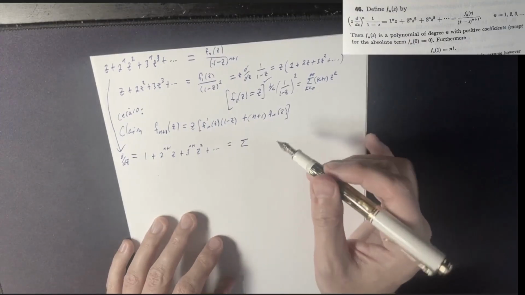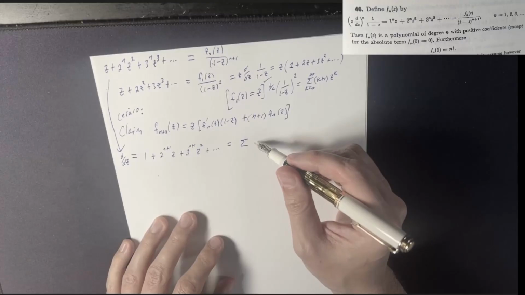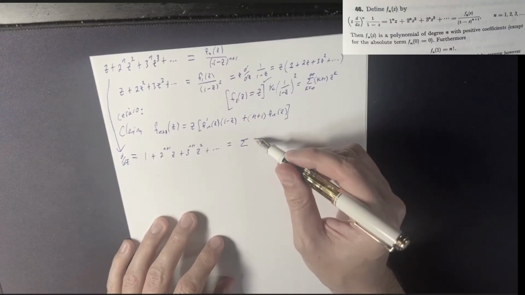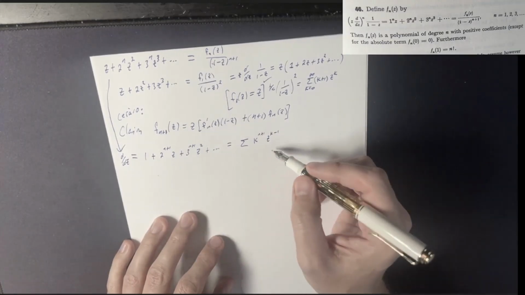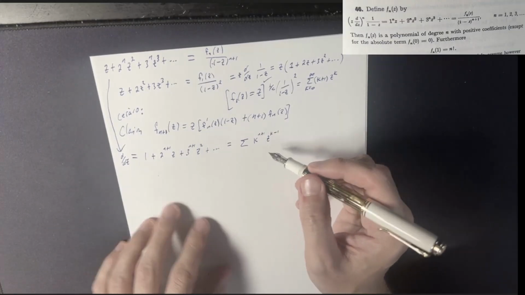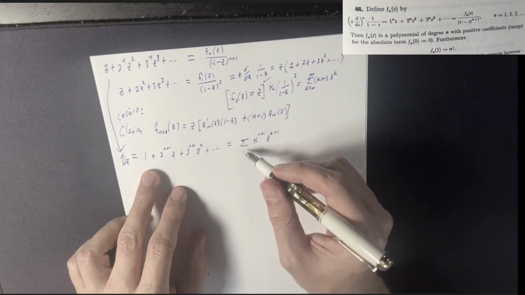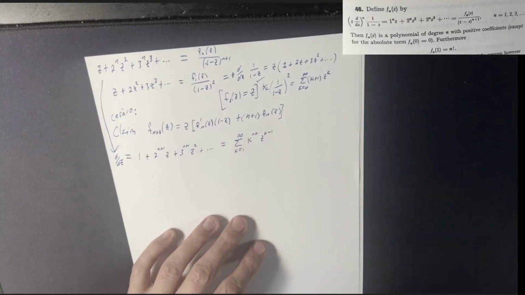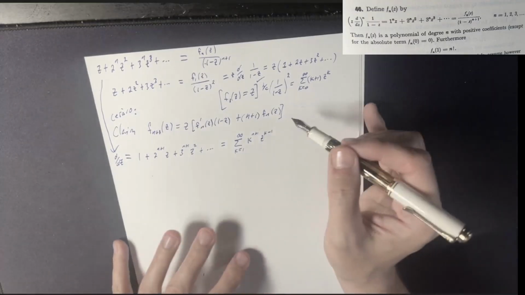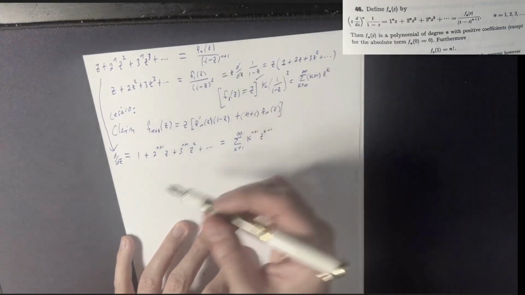It looks like it's a bit like k to the n plus 1, z to the k minus 1 from, I suppose, 1 onward, right?